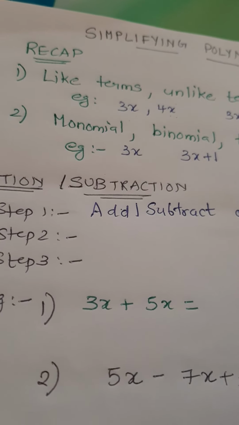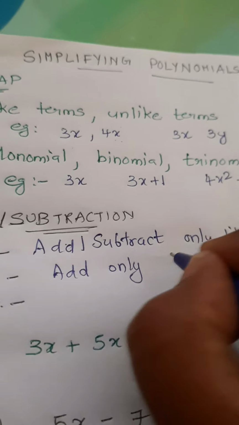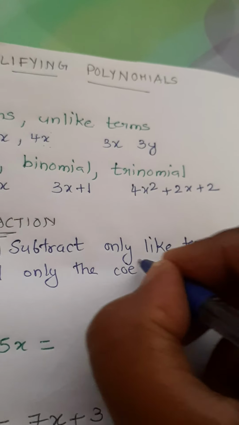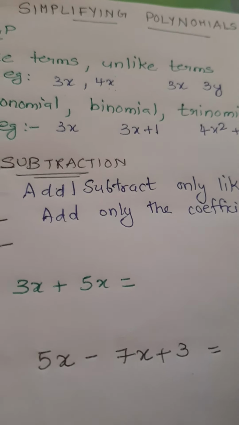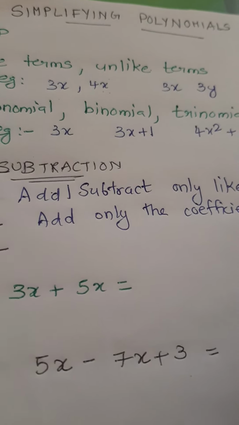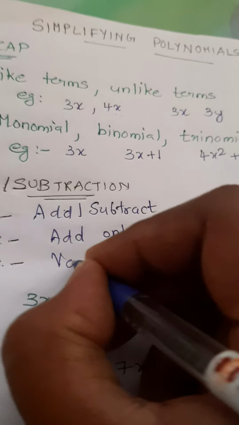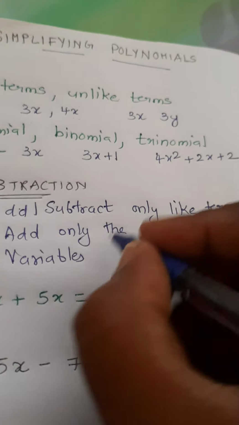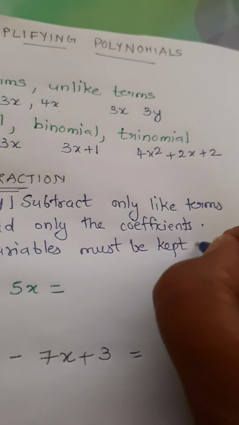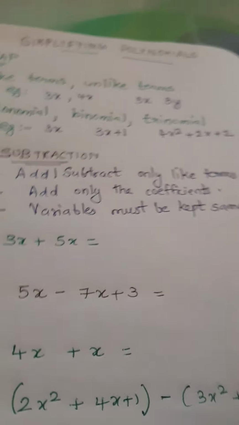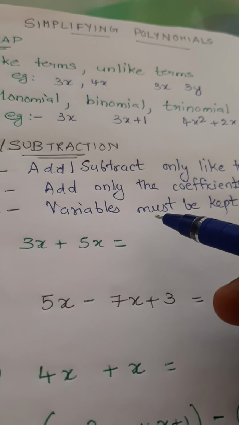The second step is we can add only the coefficients, or the number part of the term only can be added. We cannot add the variable part. And the third step is the variables must be kept as it is. That is, variables must be kept same, untouched. Okay, so these are the three very easy steps to perform addition and subtraction.